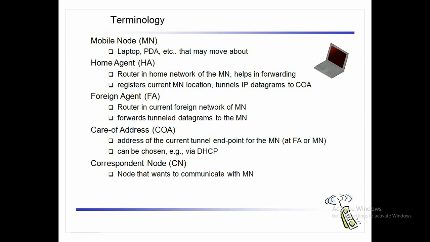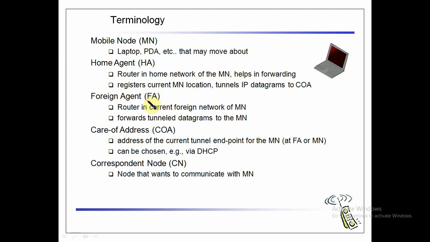In the home network, it is not necessary at all. The home agent could again be on the router, but this time only acting as a manager for the mobile node.